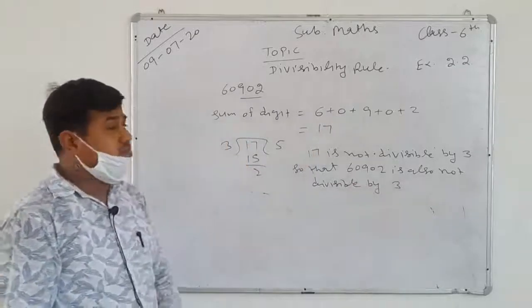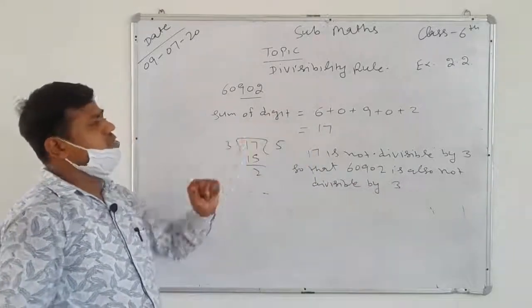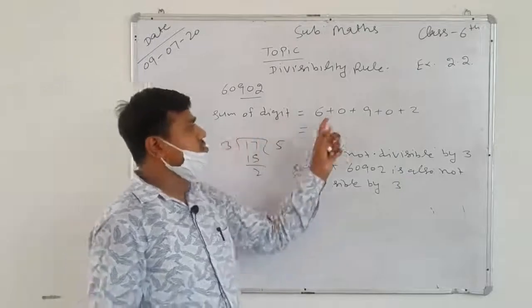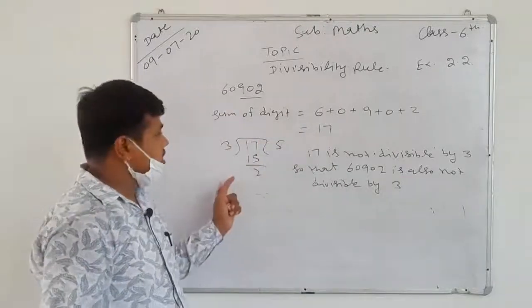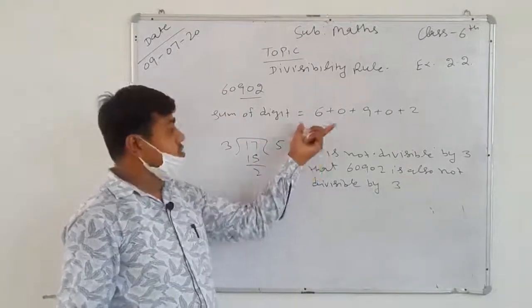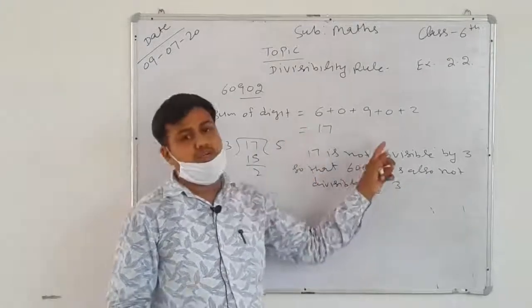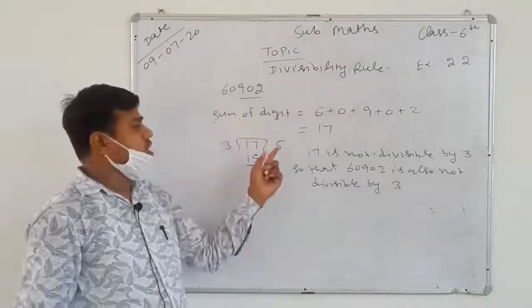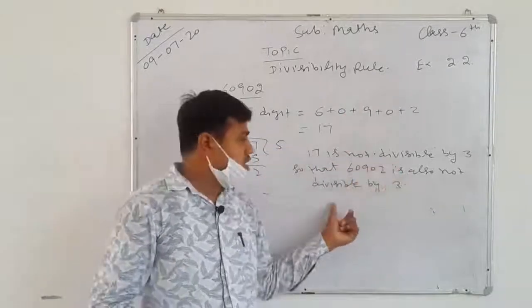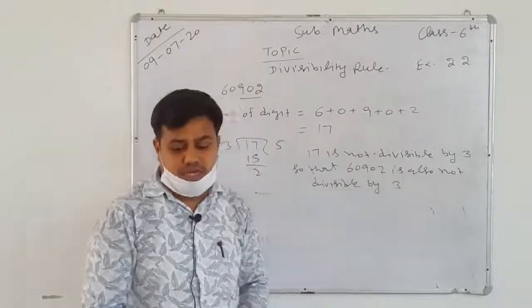For the divisibility of 3, we have to find the sum of digits, then check whether that sum is divisible by 3 or not. If that is divisible, then the number is also divisible. If that is not divisible, then the number is also not divisible by 3.